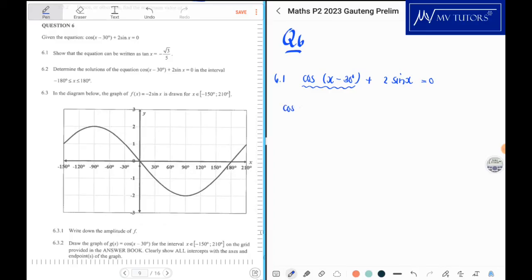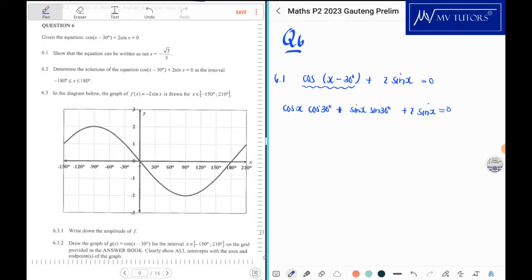So we have cos x, it'll be the cos, sine, right? So cos x cos 30 degrees, and this is a special angle, and we have a minus here, so we do the opposite, plus sine x sine 30 degrees. Okay, and that's plus 2 sine x. I can't exactly expand that any further.